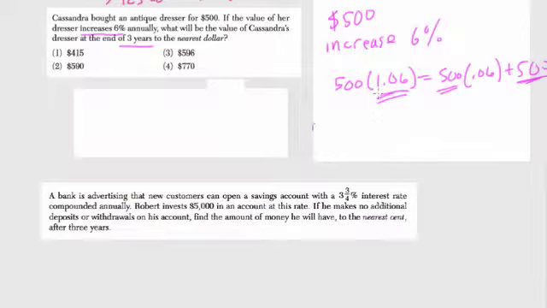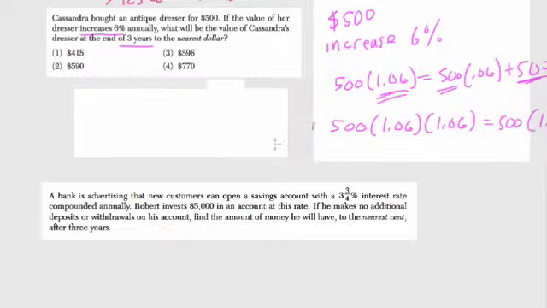Why am I telling you this? Each year that passes, this is going to happen. The first year is 500 times 1.06. The second year is that result times another 1.06, or 500 times 1.06 squared.